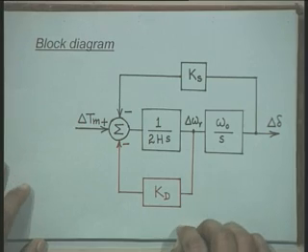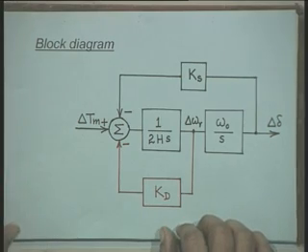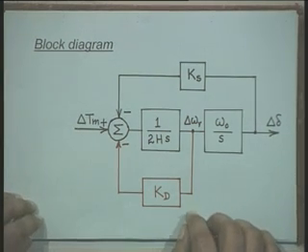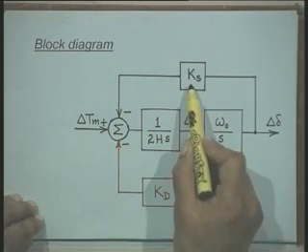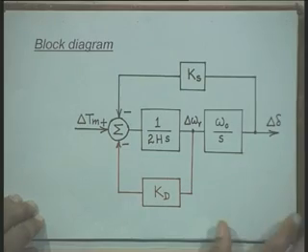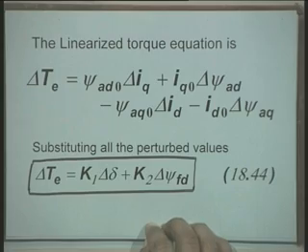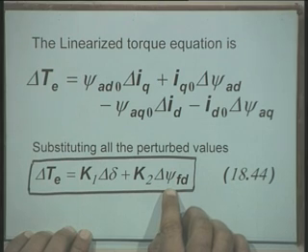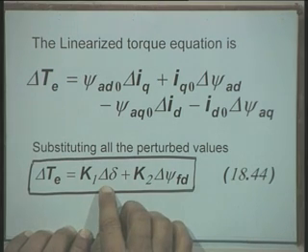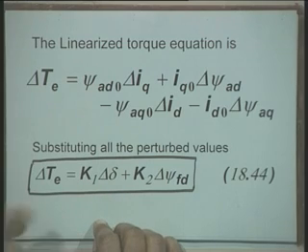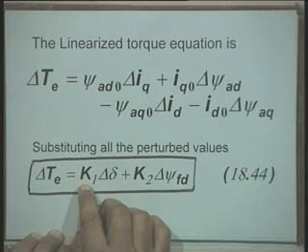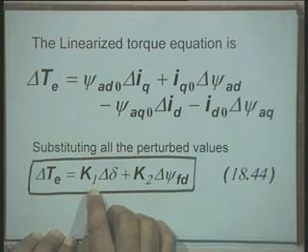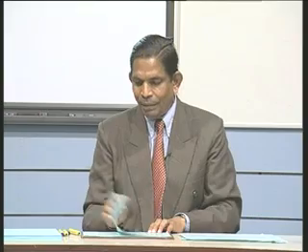In the model which I had derived earlier, where we assumed the field flux linkage is constant, the incremental change in air gap torque was simply equal to Ks into delta delta, while now the incremental change depends upon the change in flux linkages in the field circuit and delta delta. Therefore, instead of representing the coefficient of delta delta as Ks, I am representing this as K1. Okay.